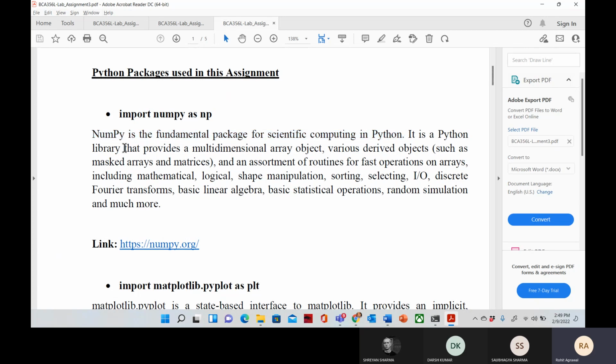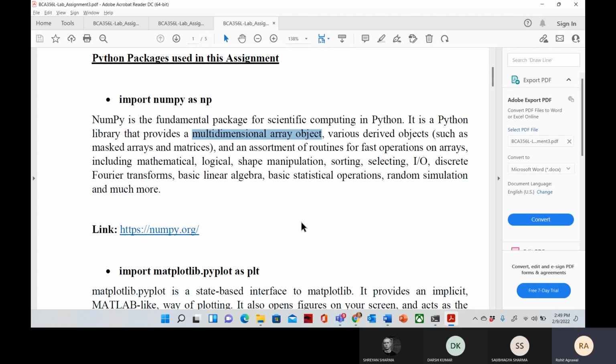It is a Python library that provides a multi-dimensional array. We are creating just a one-dimensional array in our case, but we can create 2D and 3D as well, and many operations can be done using this.